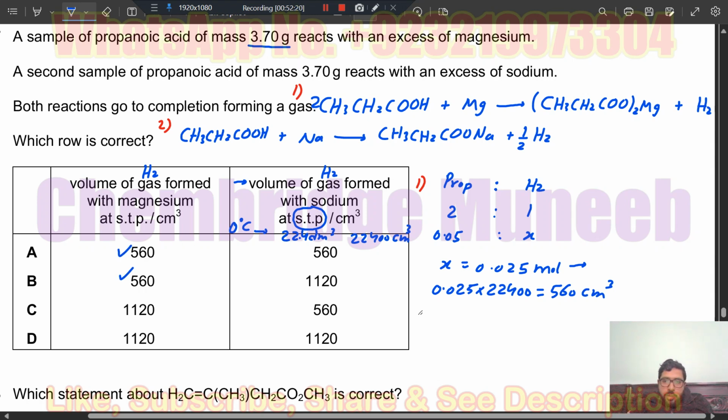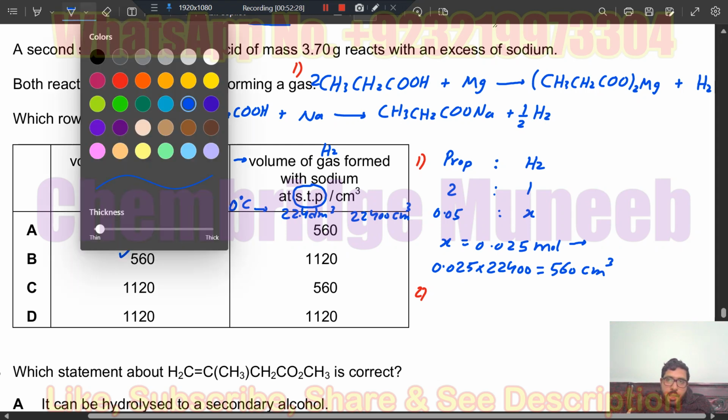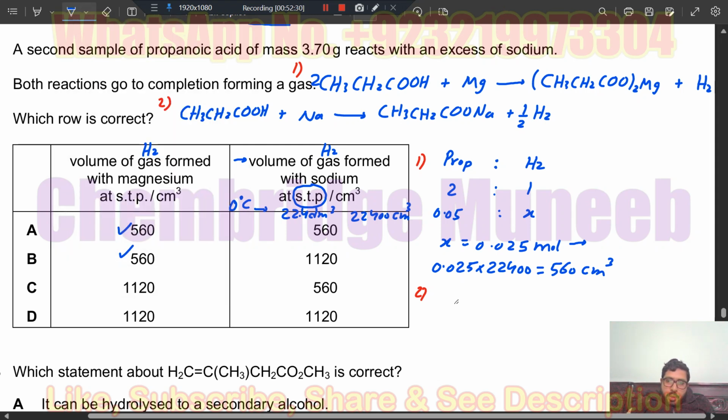Now I have to calculate similarly for the second reaction, which is with the sodium. So for the second case, I will do similar calculations. Propanoic acid reaction with the ratio with hydrogen. So with sodium, I have 1 mole of this and half mole of the hydrogen gas.